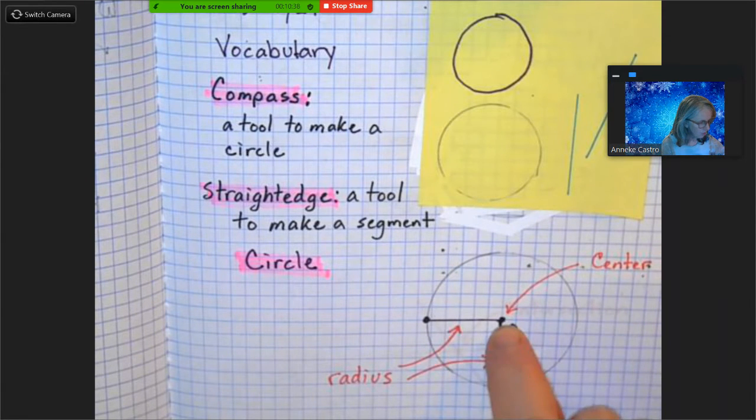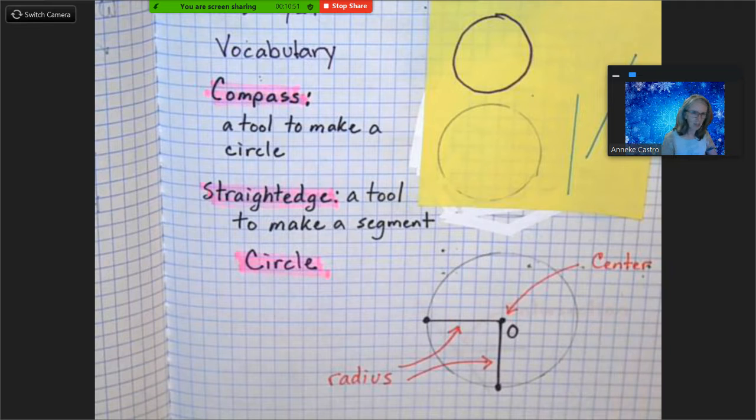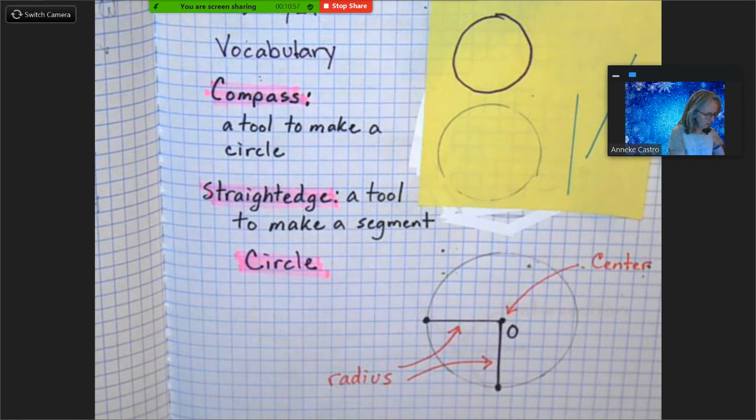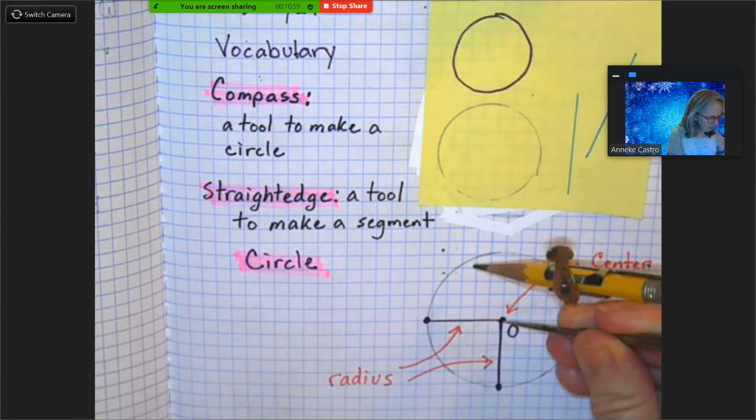This is the center, and we label it with a letter. Here, I use the letter O. In Desmos today, we used the letters A and B. Now, I made this circle with my compass.